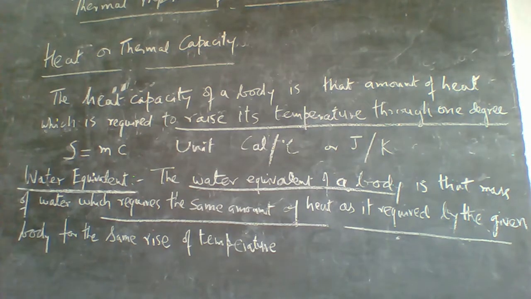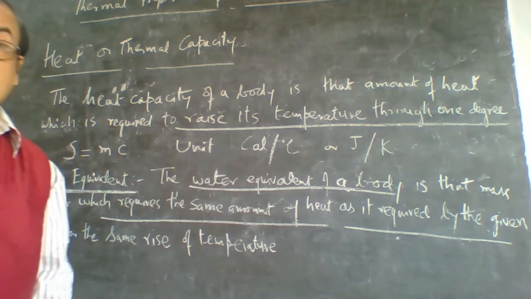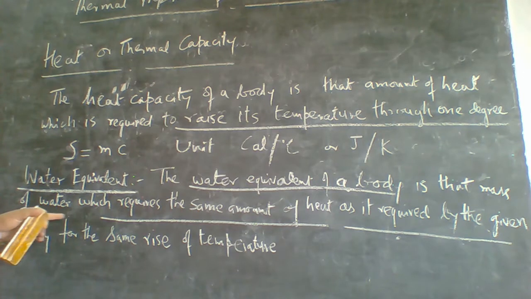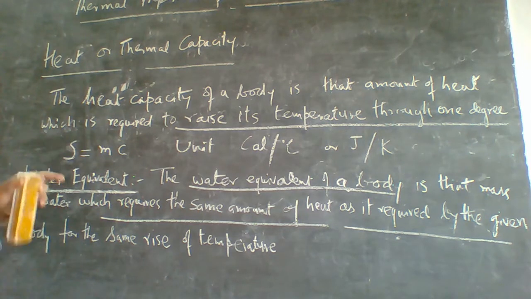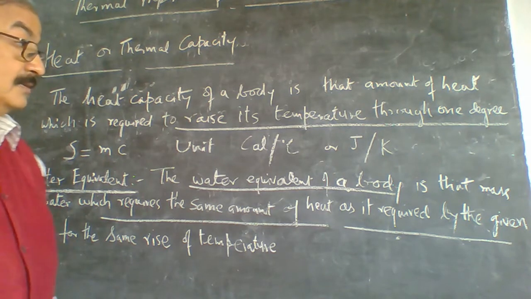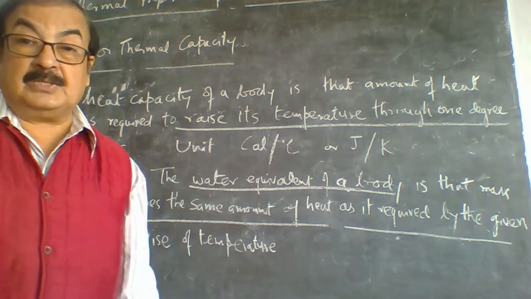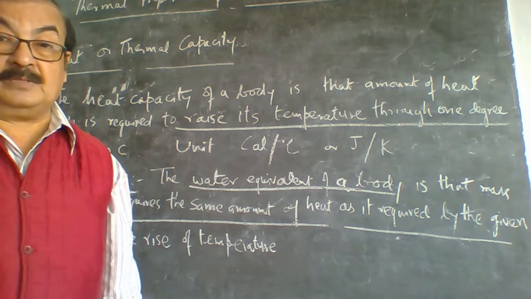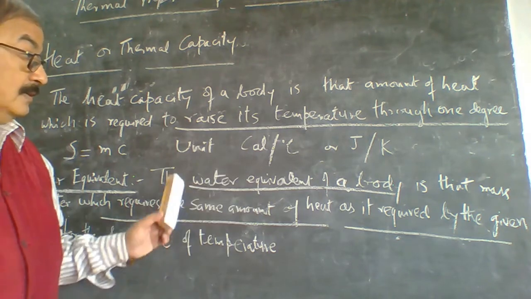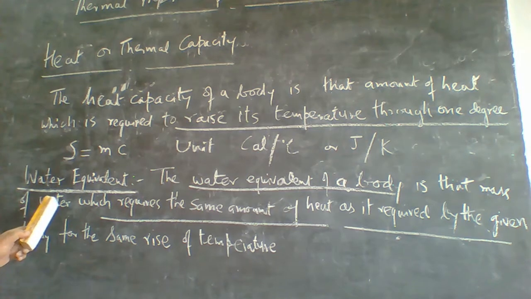I am telling you, water equivalent of a body is that mass of water which is required by the body to raise its temperature through the same degree of temperature. I am again just recalling what is written over here. Water equivalent of a body is that mass of water.